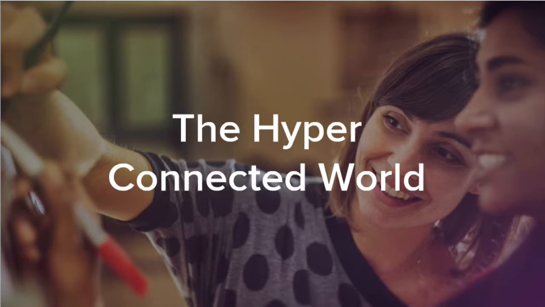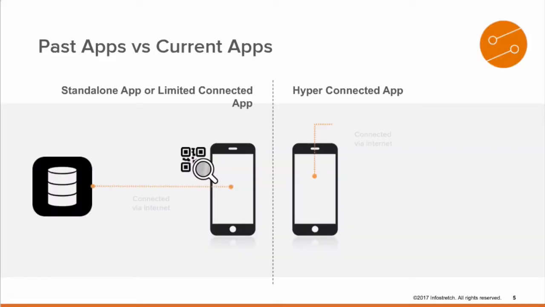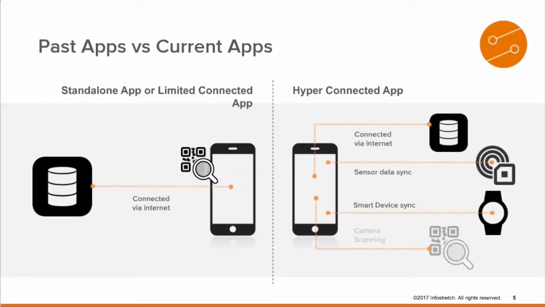So let's go through in detail what we mean by hyper-connected world. In the past we had a mobile device and there was a cloud behind it, where we would transfer information connected via some sort of internet. In this hyper-connected world, what we are seeing is that the mobile app is becoming the hub, literally a control panel for many devices.